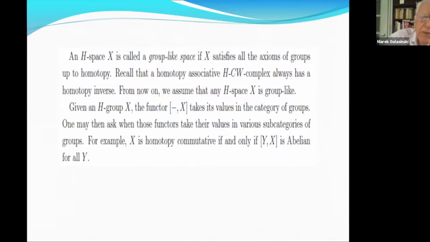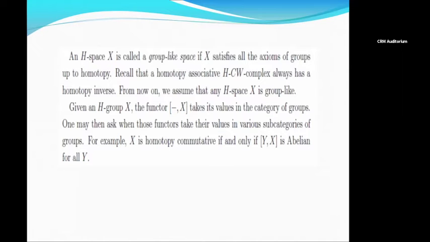Okay. Now, given an H-space X, we can consider the contravariant functor [-,X], where X is fixed, and we can evaluate it on any space. If X is an H-space, exactly if it's group-like, then this functor takes values in the category of groups. So one may ask when this functor takes values in various subcategories of groups.